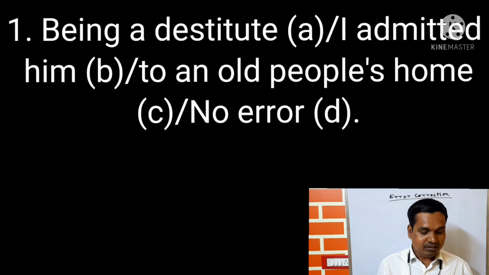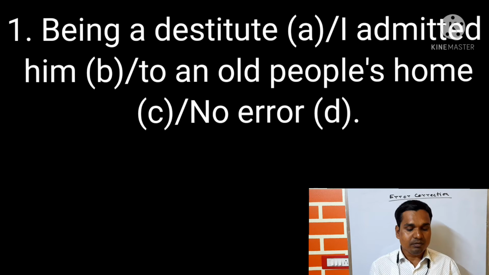The first sentence is: being a destitute, I admitted him to an old people's home. Options: first part, being a destitute; second part, I admitted him; third part, to an old people's home; and no error. Find out the error.